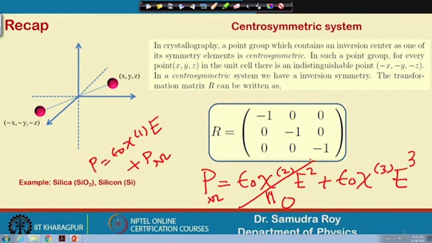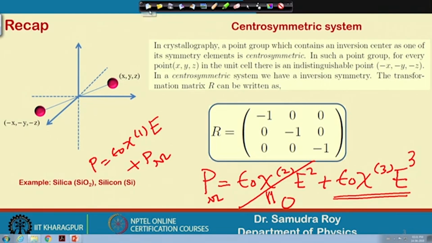The expression will start with the effect of Chi3. So Chi3 is the first higher order effect that one should consider if the system is centrosymmetric in nature.